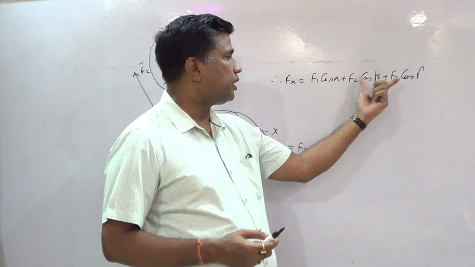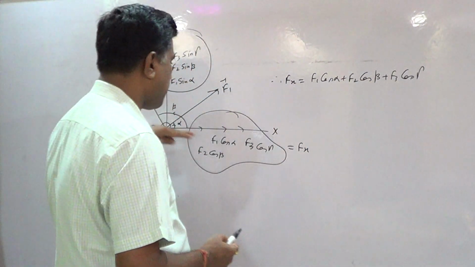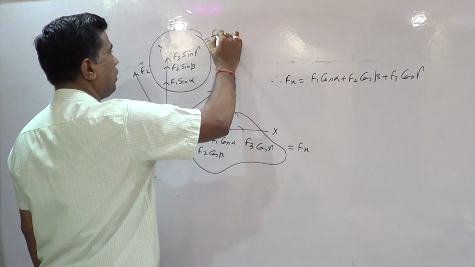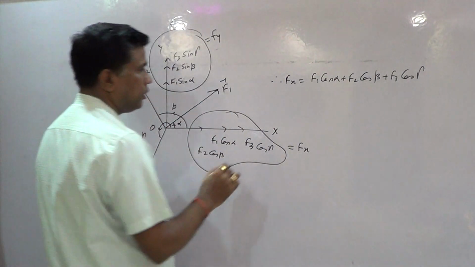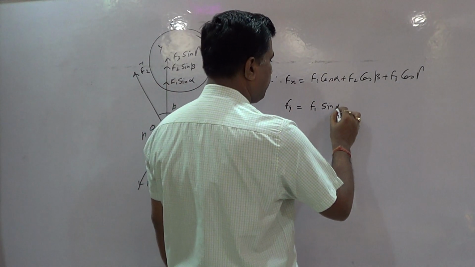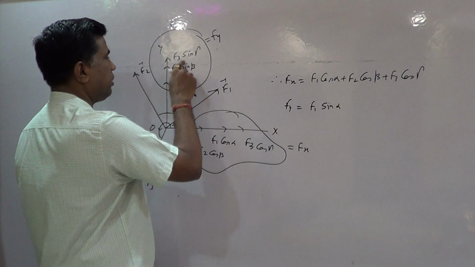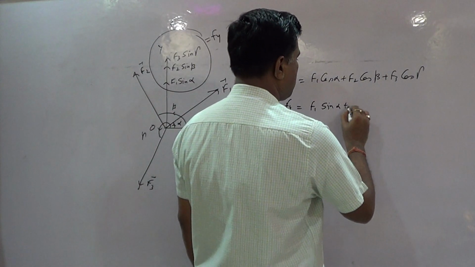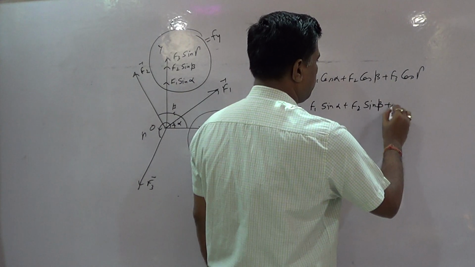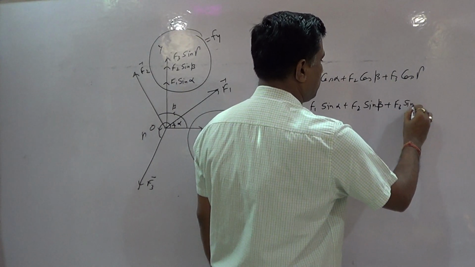So you can find the exact value of this Fx, which is acting along x-axis. In the same way, suppose the sum of all these vectors is Fy. So you can find the value of Fy, which is F1 sin alpha plus F2 sin beta plus F3 sin gamma.